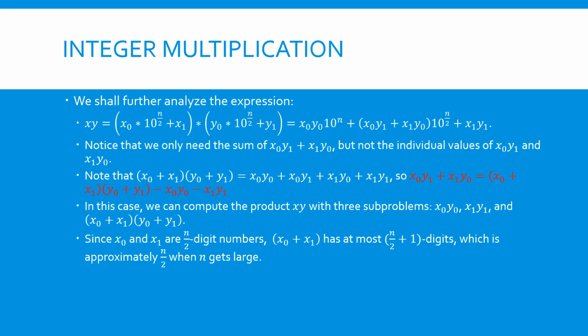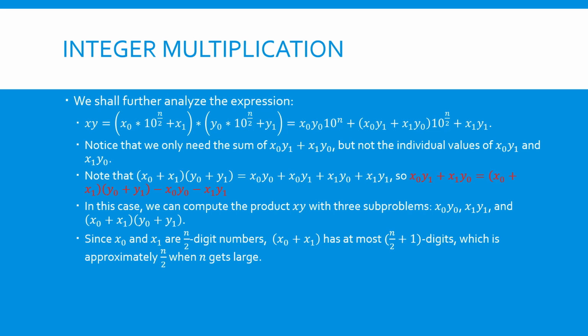Specifically, the sum x0 times y1 plus x1 times y0 can be computed as x0 plus x1 times y0 plus y1 minus x0 times y0 minus x1 times y1. This way, we only need 3 multiplications: x0 plus x1 times y0 plus y1, x0 times y0, and x1 times y1. This reduces the number of subproblems from 4 to 3.